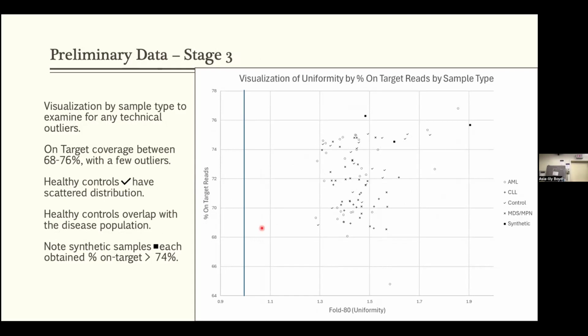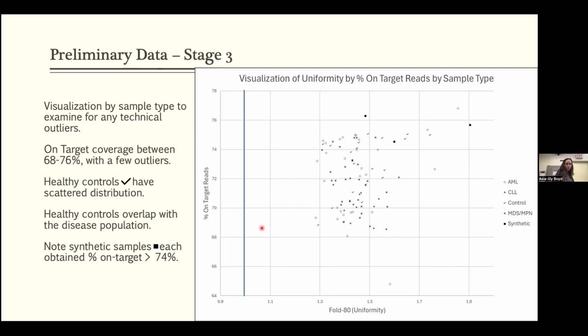Because we're looking at AML, CLL, MDS, MPN, some of the samples had MDS and MPN overlap. And then we have normal DNA samples in here as well. I wanted to be sure that there wasn't any one population that was showing a significant difference in coverage quality. Because if that was happening, we need to correct it now before we move forward.